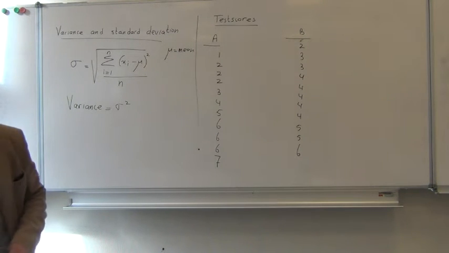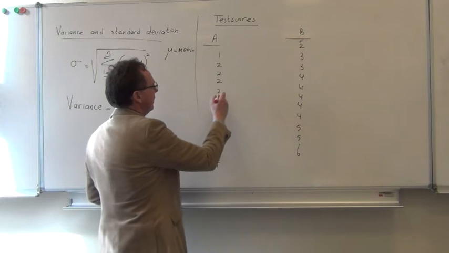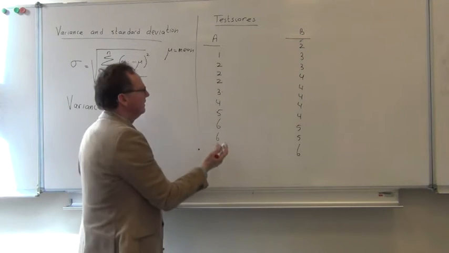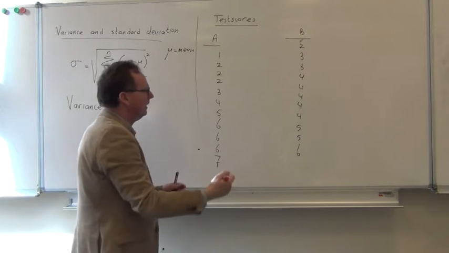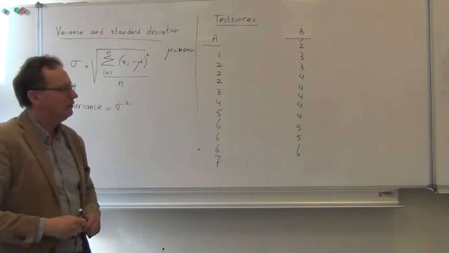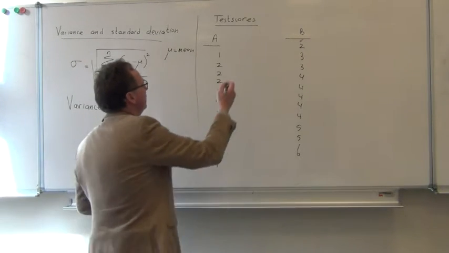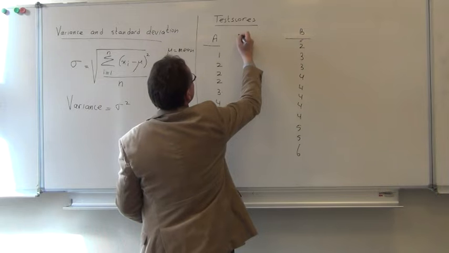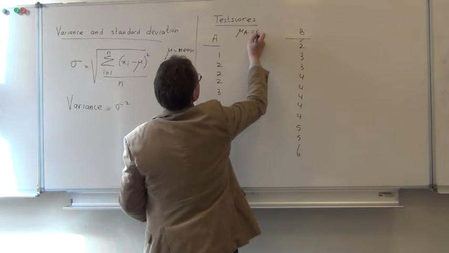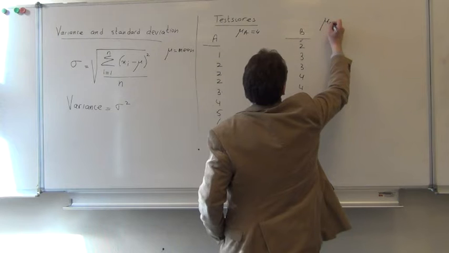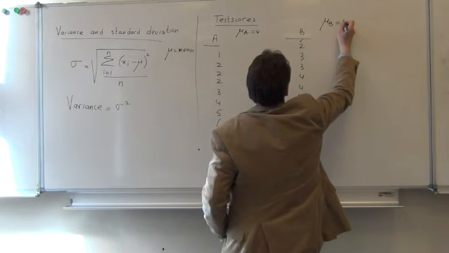Like you have the 4 and then the 3 and the 5, they cancel out, you could say, and then the 3 2s and the 3 6s, the 1 and the 7. So because of the symmetry, it's quite easy to see that both have a mean 4, so you can write out that mu A is 4, and also mu B is 4.